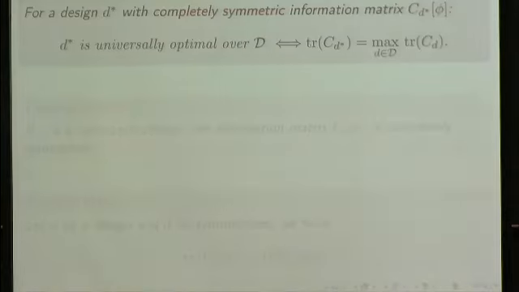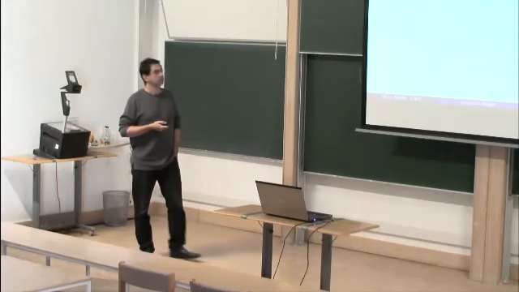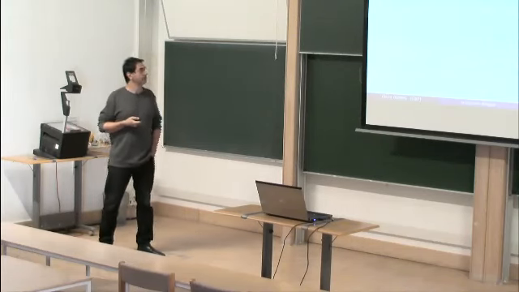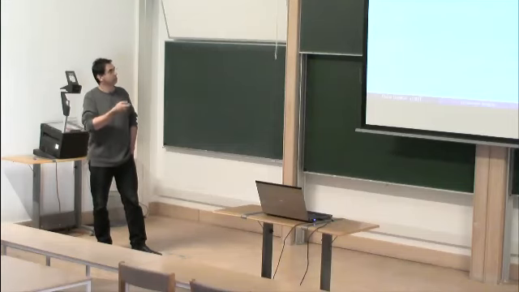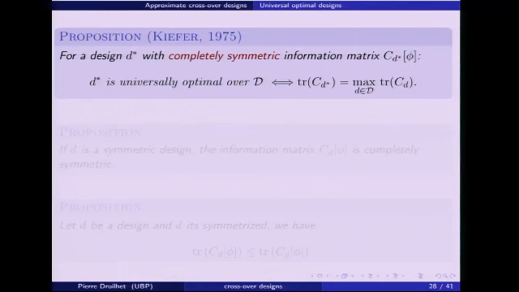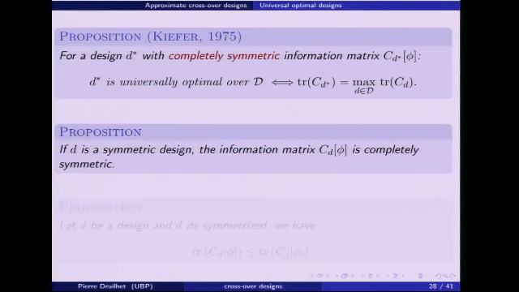So if a design D star has a completely symmetric information matrix, then a necessary and sufficient condition to be universally optimal is that it maximizes the trace of the information matrix over all the competing designs. Now we have the proposition that for a symmetric design, the information matrix is completely symmetric.